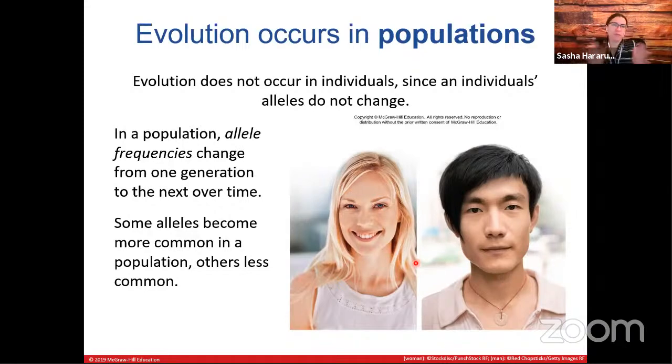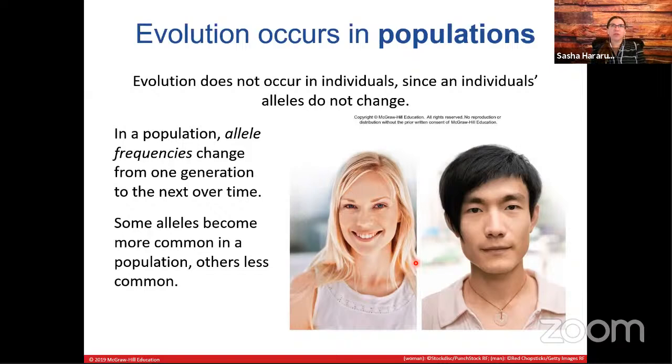Again, the species is the same, Homo sapiens, but we have different phenotypes. So that is an illustration that evolution may lead to different phenotypes, but not necessarily to divergence of species, to emergence of different species.